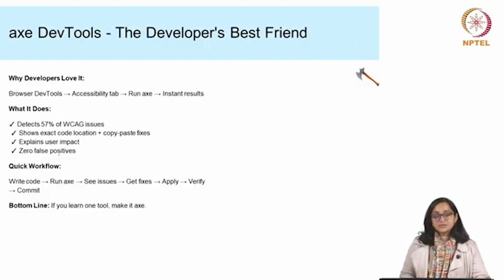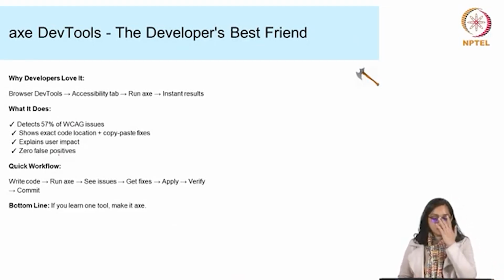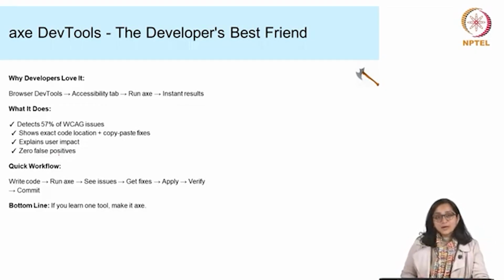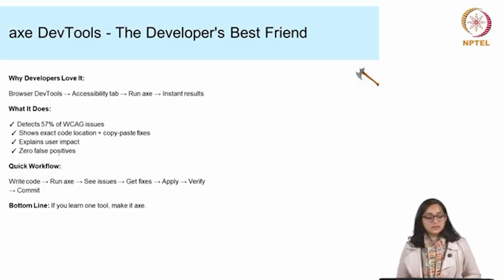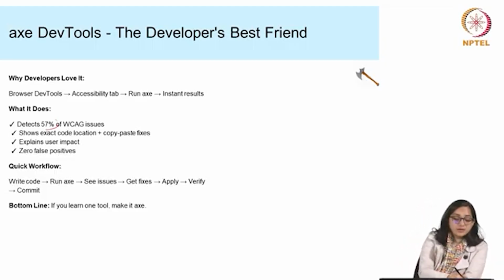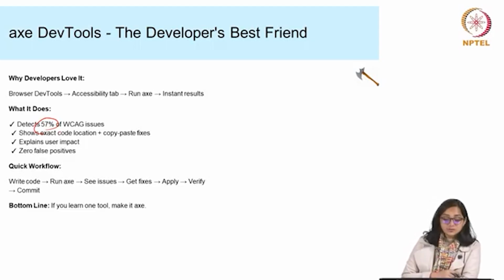So Axe DevTools, I'm sure you are aware, if you're a developer particularly, or a student who is a CS student, it's a developer's best friend. Particularly in browser DevTools, the accessibility tab, run Axe, and you get instant results. It's able to detect over 50% of WCAG issues, shows exact code location plus copy paste fixes.